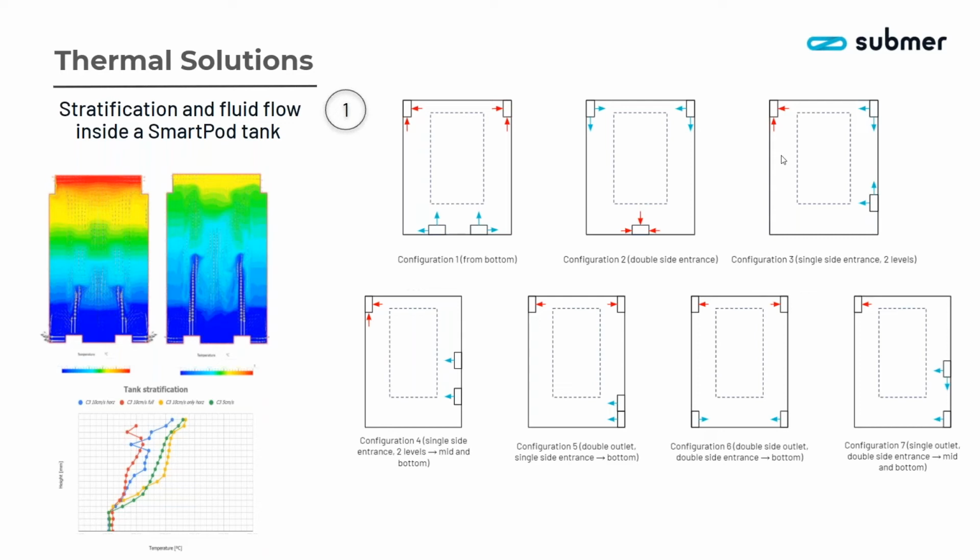And as you can see here, we have lots of configurations with different inlet directions, positions, and the outlets were also modified. And this was the first part of the design where we didn't have anything but just the tank and the smart coolant. And it helped us analyze which solution or configuration led to the smallest tank stratification.